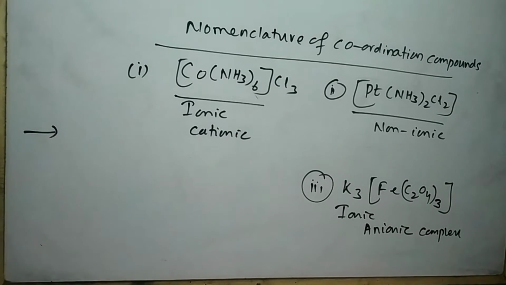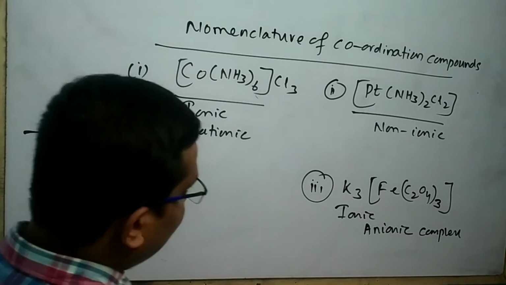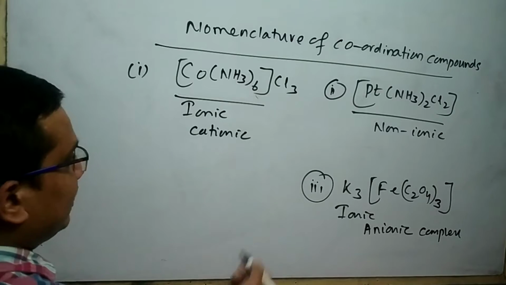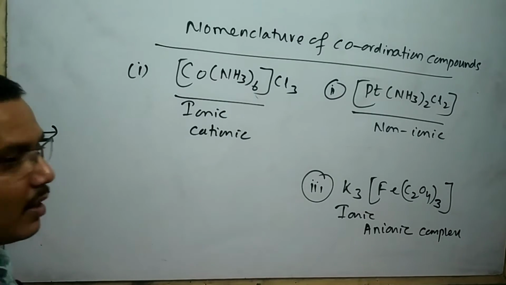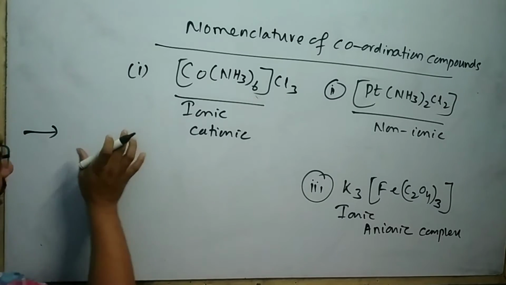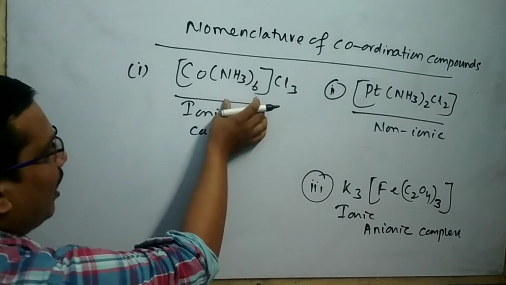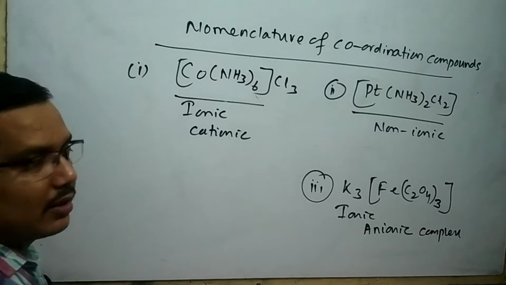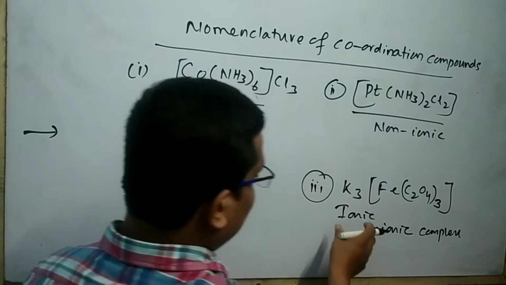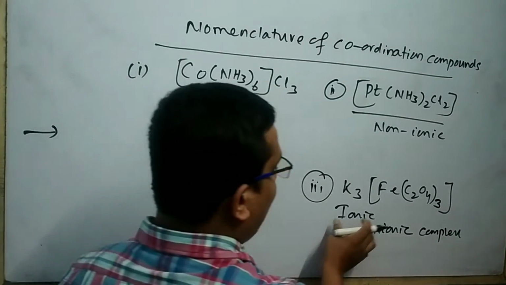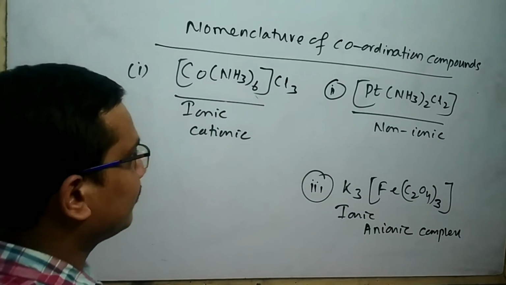Remember the first rule. For naming an ionic coordination compound, you must write the cationic part first, then the anionic part. This is an ionic coordination compound. This is also an ionic coordination compound.